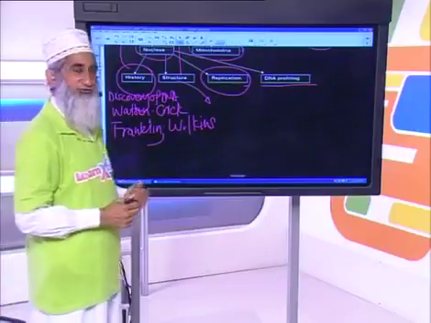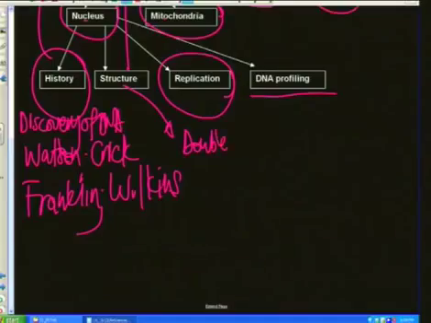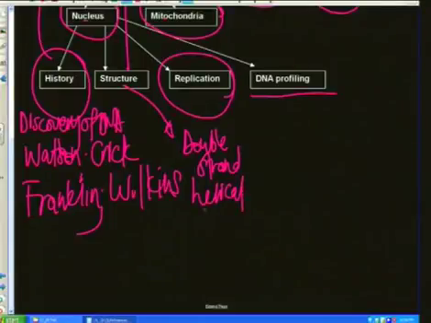We need you to know, firstly, that DNA is a double-stranded molecule. And this double strand is spiral, so it's a helical structure, a helix.